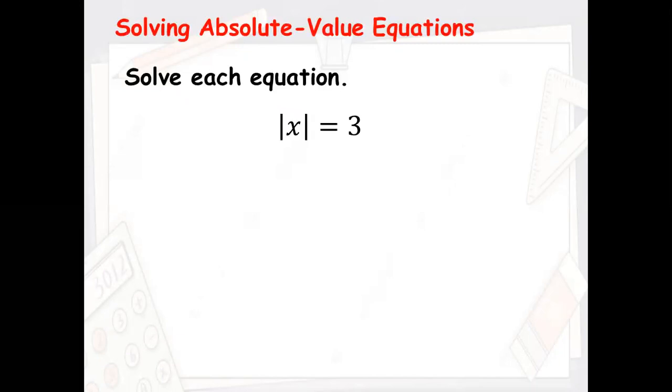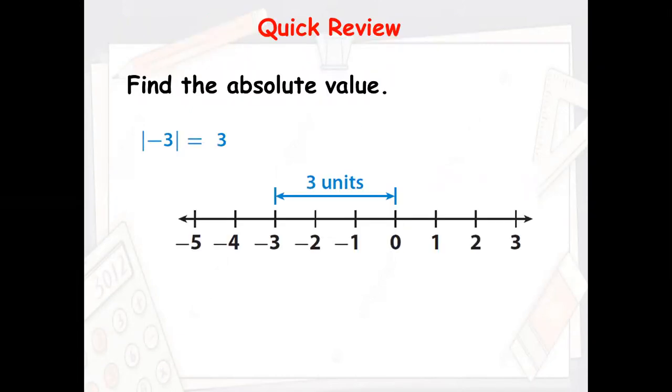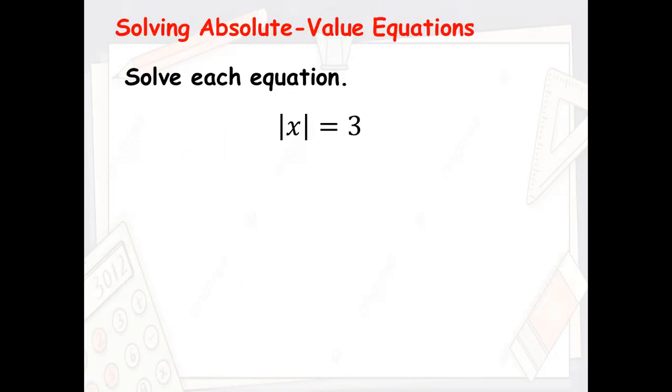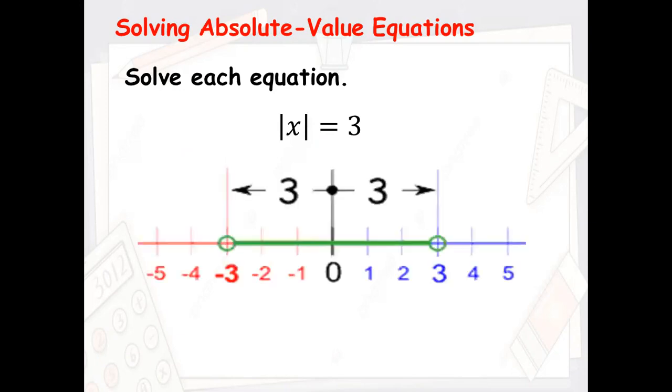Now this is the first part of the lesson. In the previous slide, we saw that there is a number inside, and it can be a positive number or a negative number. But here you have to find what number it is going to be. What can X represent? X stands for any number. So this number can be negative 3 or it can be a positive 3.